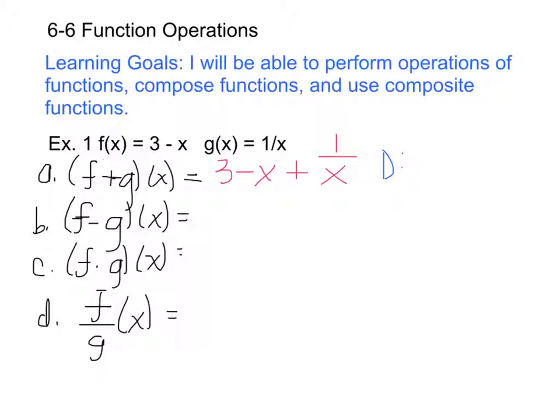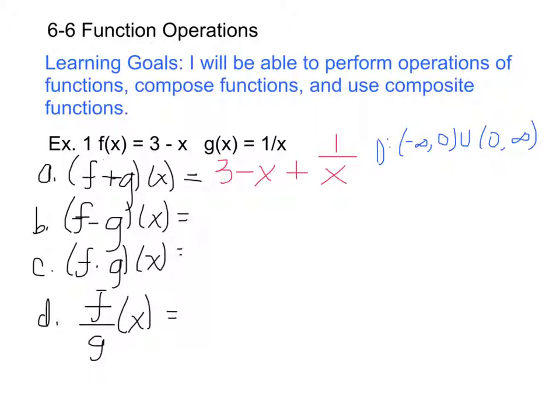So the way that we write that is negative infinity to 0, union 0 to infinity. So let me rewrite it. That means anything would work except for 0 itself. Negative infinity to 0, union 0 to infinity.